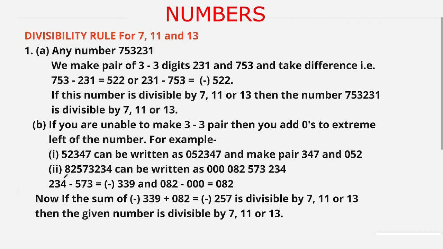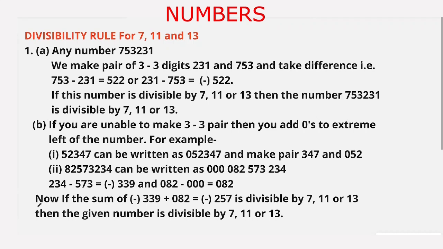Another example is 82573234, which can be written as 000 082 573 234. Now we can take the difference, 234 minus 573. This is equal to minus 339, and in the other set, 082 minus 000 equal to 082.